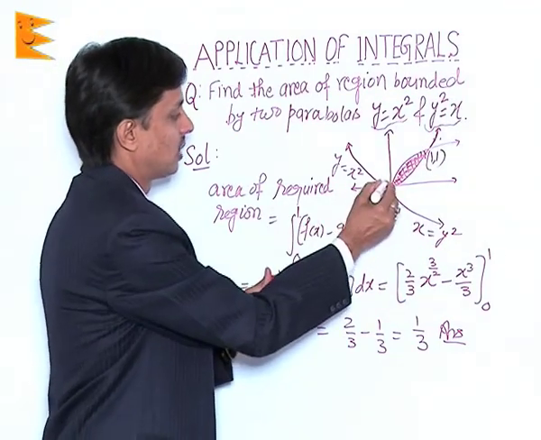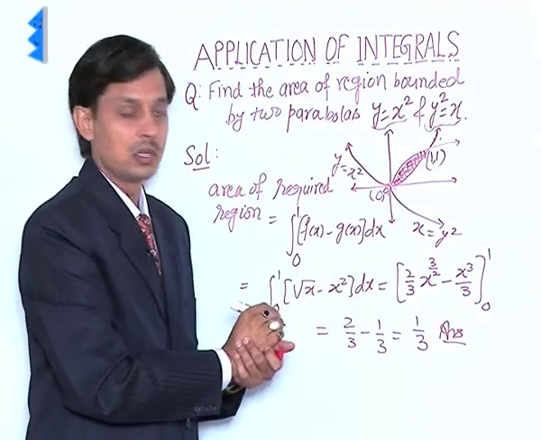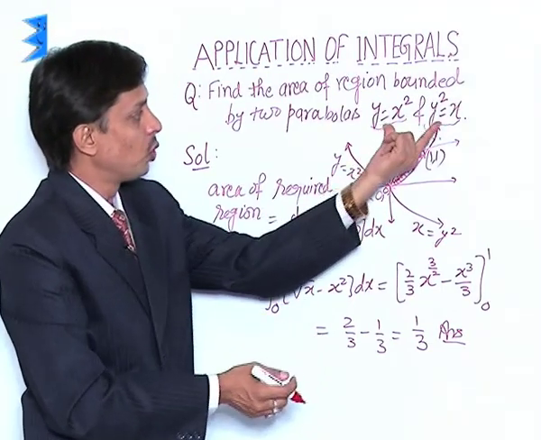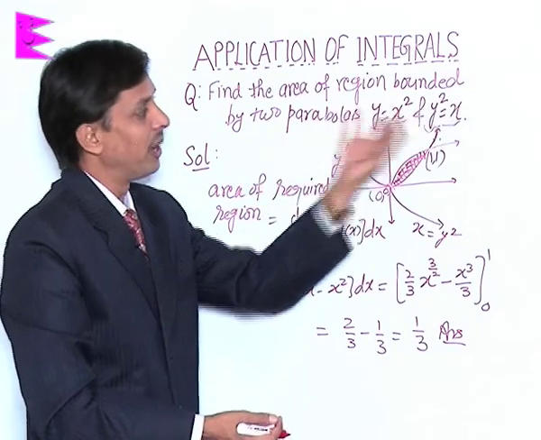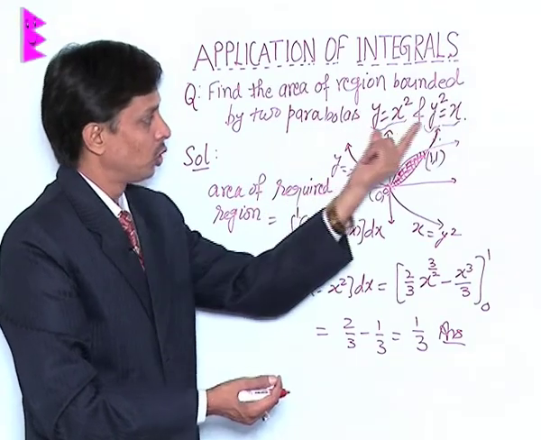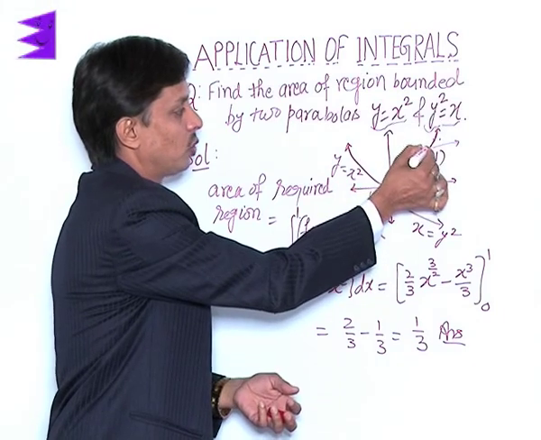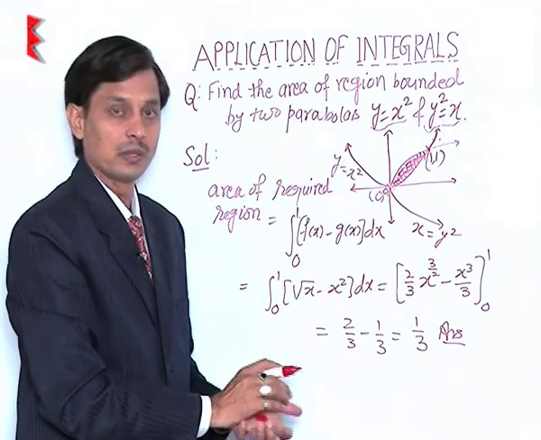Point of intersection, first is at origin, vertex 0, 0, and if these two curves are solved by the two variables method, we will get to know these two are intersecting at the point 1 comma 1.